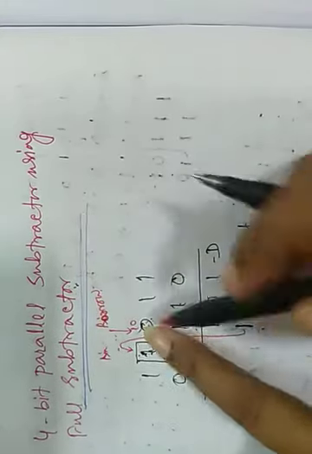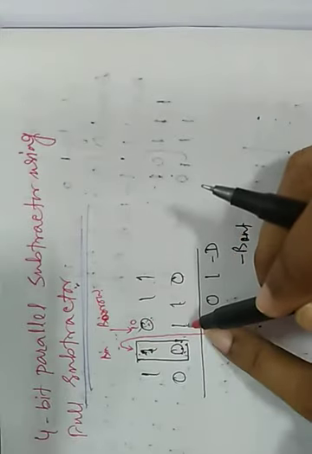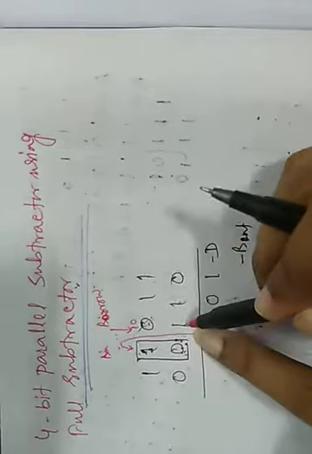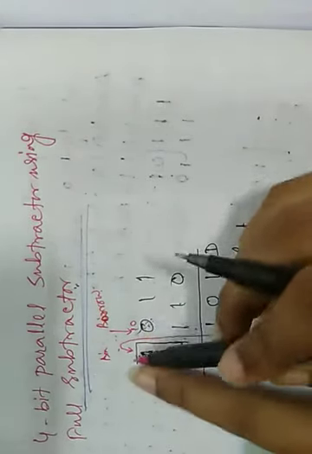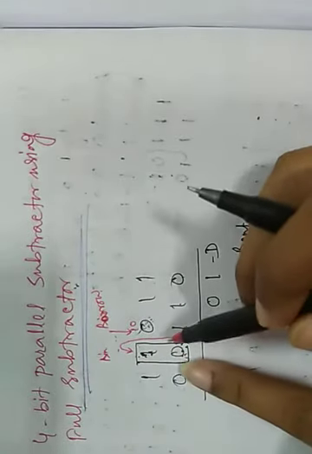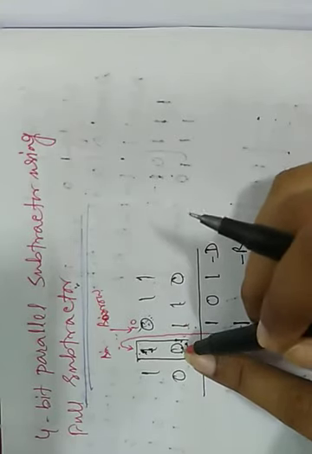If we take 1 borrow in order to subtract a larger number from a smaller digit, then that borrow must be subtracted from or added to the upper bits or the lower bits in its next step.